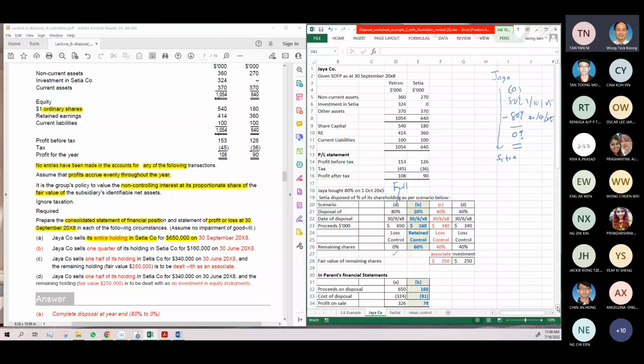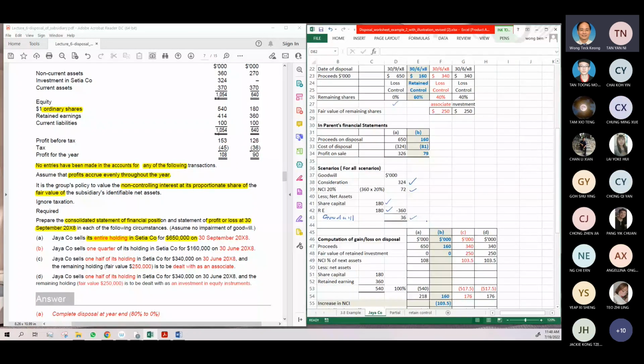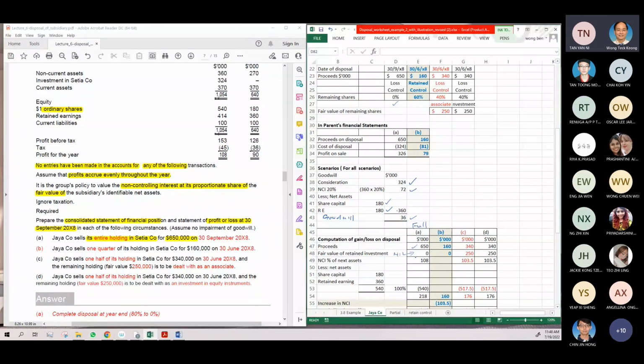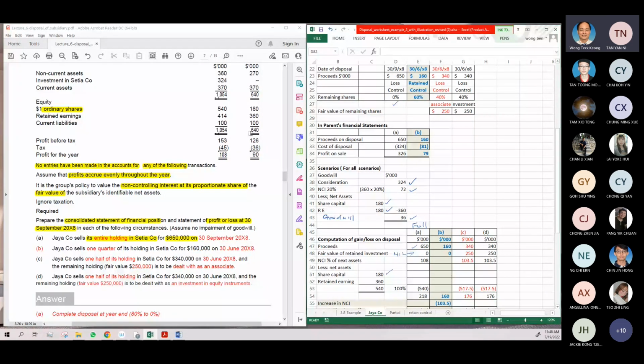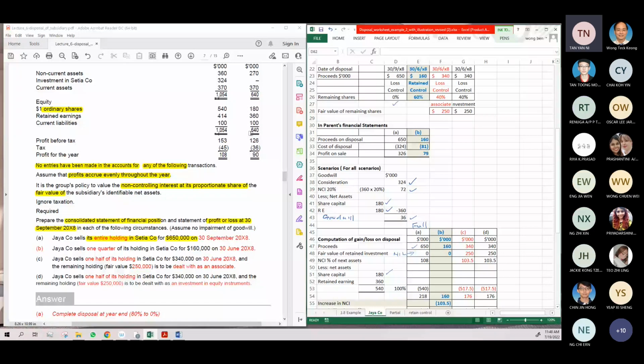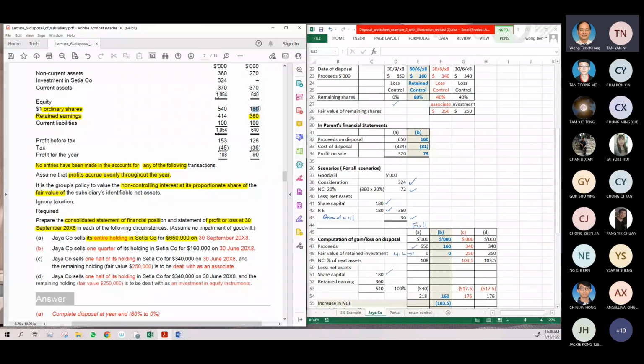So here, full disposal: it sold off for 650, and it didn't keep anything, 0% new here. Then we compute net asset up to the day of disposal. The net asset of subsidiary is 180 for share capital and retained earnings 360 given here. Add up, 540. So 100%, you sold off everything.